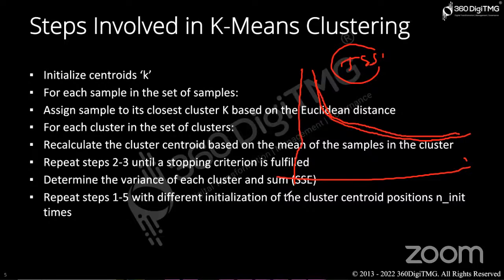So these are the k values, 1, 2, 3, 4, 5, 6, 7, something like that, and this is the total sum of the square.